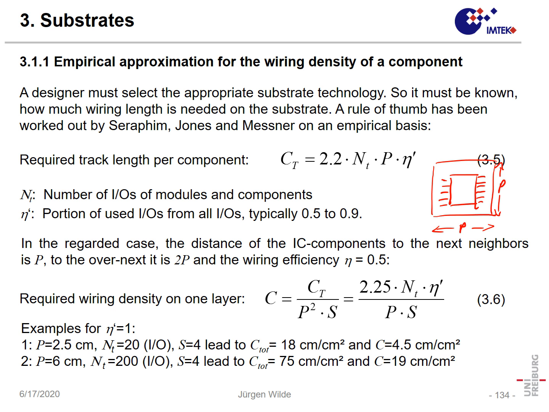So you can imagine that is already a quite long conductor length per area. So in that way, we can estimate, do we need fine boards, do we need coarser structures on the board, and how many layers is reasonable here.